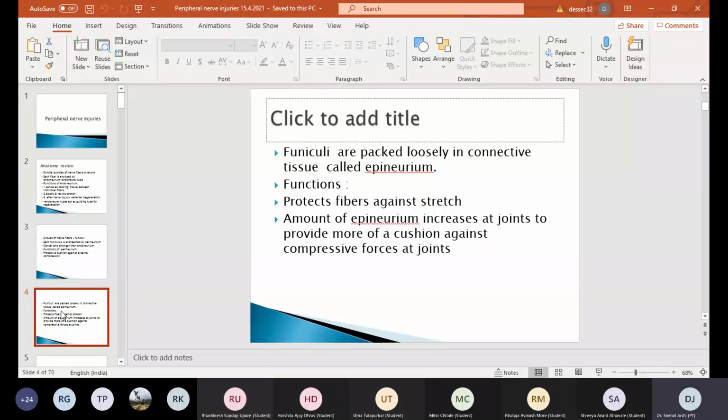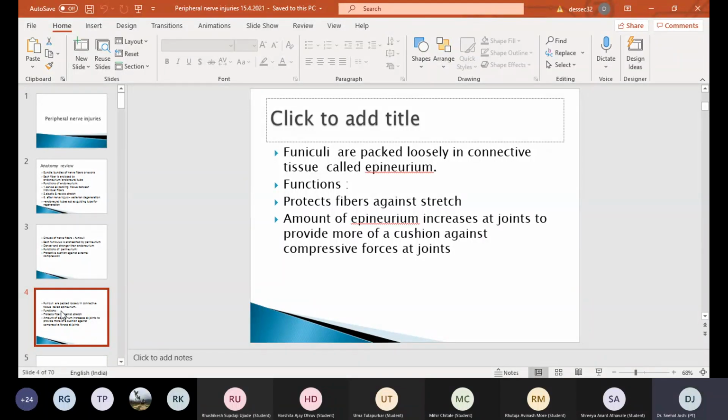Now these funicula are packed loosely, and the covering is called epineurium. This is going to be the outermost covering of a nerve. Now what are the functions of epineurium? It again protects the fibers against overstretching.